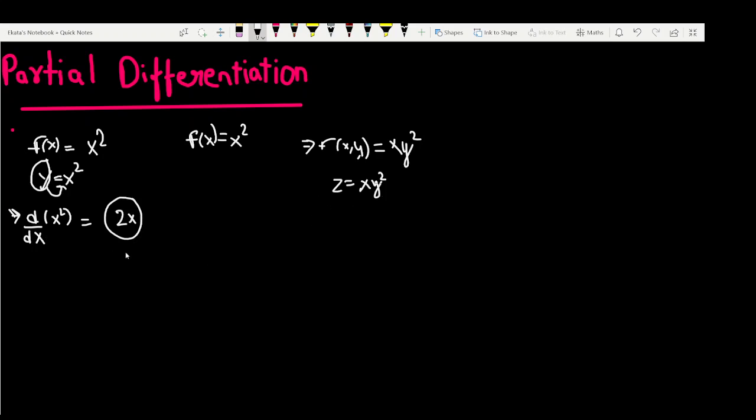So when there is more than one variable, the differentiation tool that we use is known as partial differentiation.